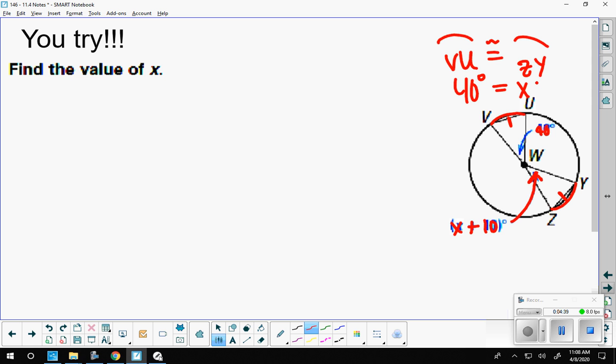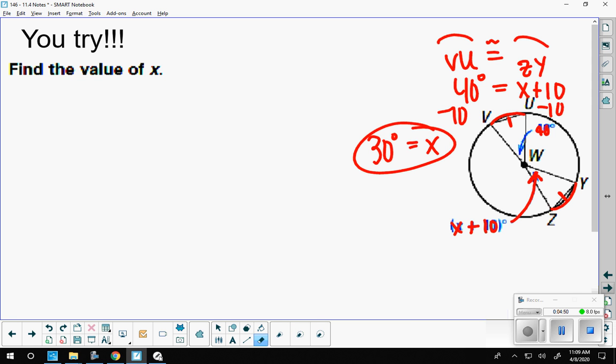So 40 degrees equals x plus 10. And then if we subtract 10 from both sides, we get 30 degrees equals x. 30 degrees plus 10 degrees equals 40 degrees. Yep, so x is 30. So again, because the chords were congruent, we knew that the measure of the arcs were congruent, so I could set 40 equal to x plus 10, and we get x equals 30.